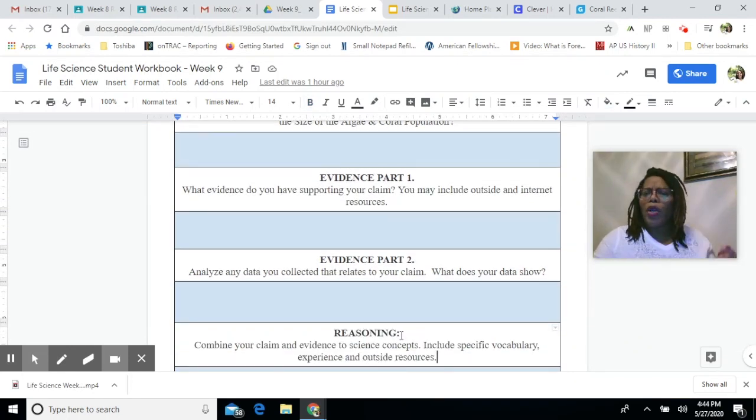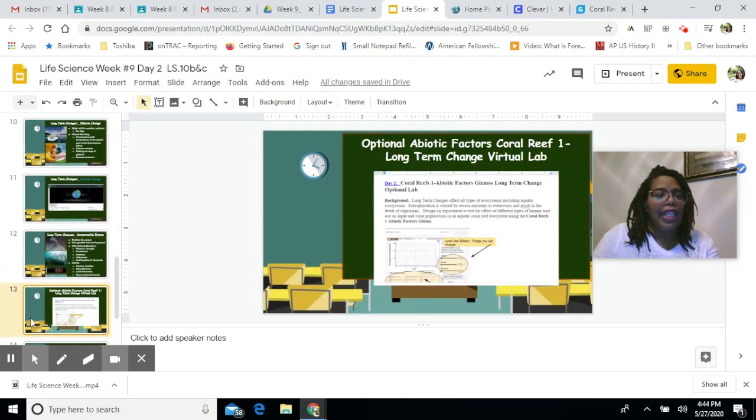Which one do you think will have the greatest effect? Why do you believe that? As you run your experiment, you can take screenshots and use those as part of your evidence to support your claim, and then reason on your final conclusion. All right, I hope that made sense to you.